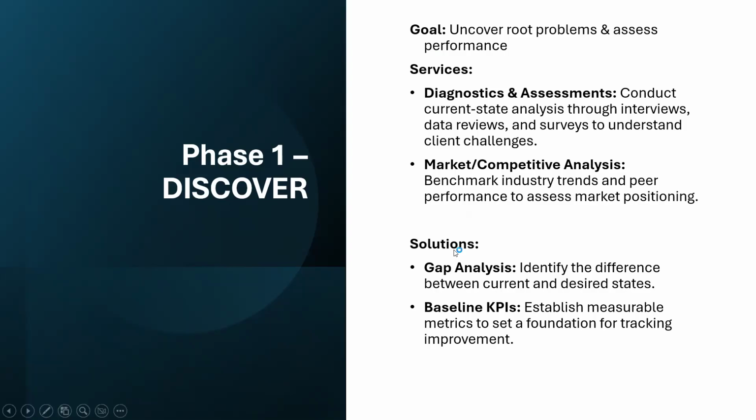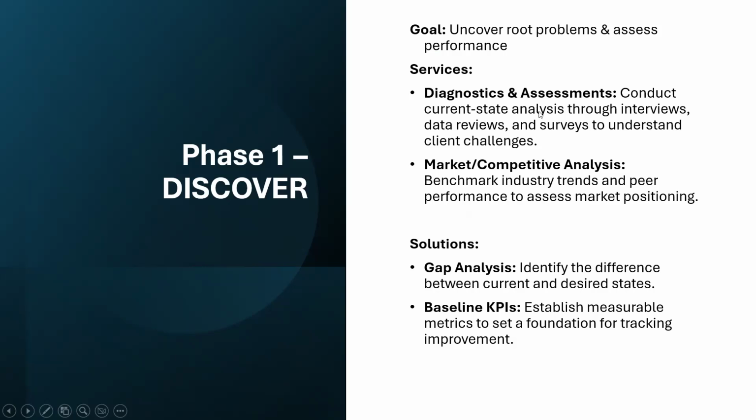Now, the outcome is what we call a gap analysis. You identify the difference between the current and the desired state, the difference between where they are now and where they want to be. Okay? And it's about measuring key performance indicators. Where are we now and where are we going? So that's your discovery phase.